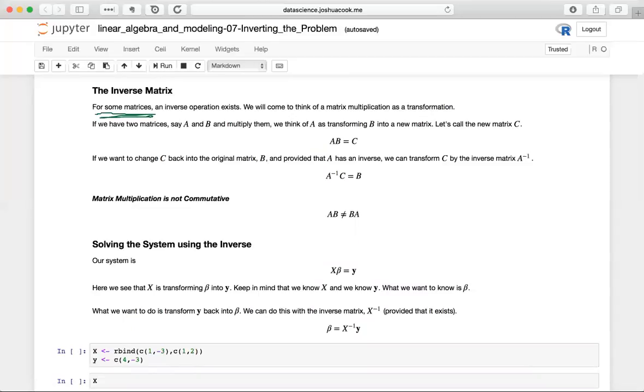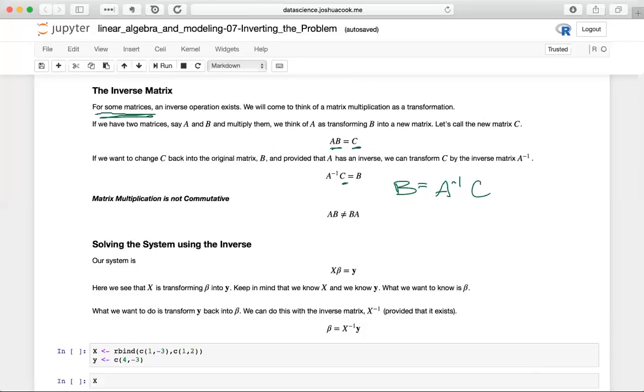If we have two matrices such that A times B is equal to C, then we could say that B is equal to A inverse C. One way to think about this is, we're taking matrix B and transforming it by multiplying A times B, and we wind up with a new matrix C. Now, if we want to change C back into B, we multiply A inverse into C, and we get back to B.